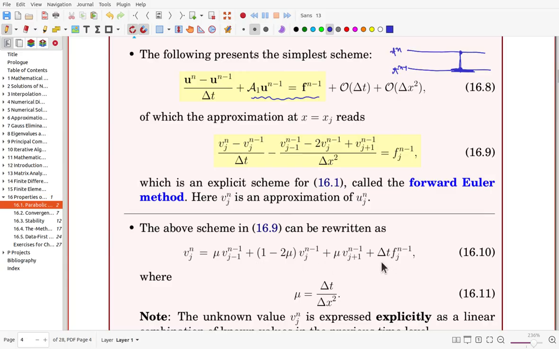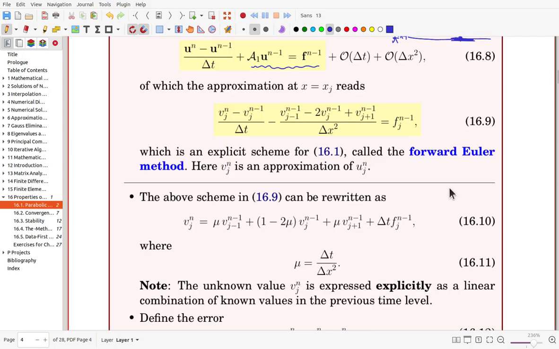You can see that, assuming these values are known, you can get the new values quite easily and explicitly. So that is called the explicit scheme. Since the time approximation is a kind of forward difference, we also call it the forward Euler method.